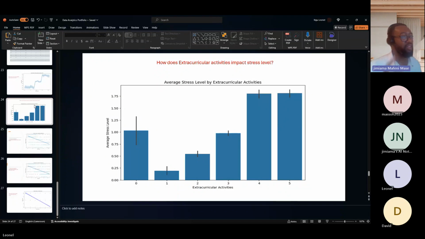So we're saying, okay, if the average stress for 0 and 3 are the same and the average stress for 2 and 3 are different, therefore let's go for 2 and not 3, because 3 means it's the same as 0. So let's go for 2. So the school can now propose that it's always good for students to have 1 or 2 extracurricular activities because they are sure that the stress level will still be statistically smaller than if they had no extracurricular activity.